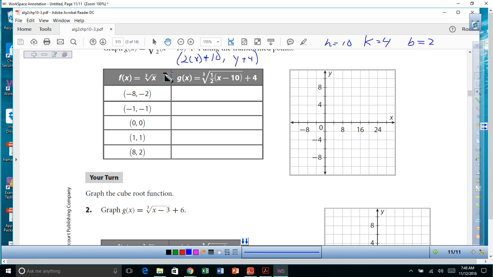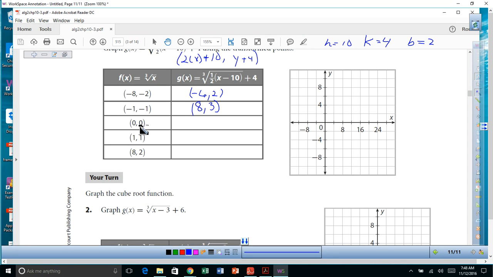So 2 times negative 8 is negative 16, plus 10 gives you negative 6. Negative 2 plus 4 gives you positive 2. Then 2 times negative 1 is negative 2, plus 10 gives you 8, and negative 1 plus 4 gives you 3.